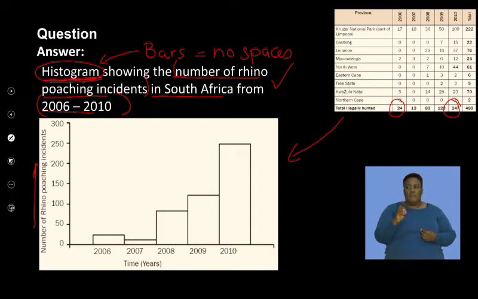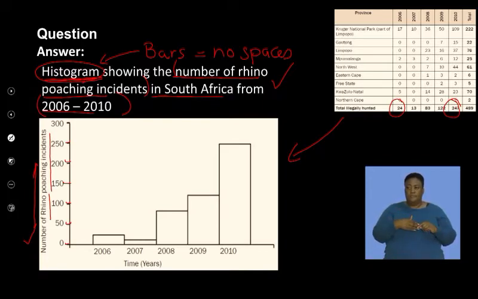Our scale needs to be in 50s, and I've chosen units of 50. So I've gone from 0 all the way in values of 50 to 250, and I've labeled this as my dependent variable, which in this case is the total number of rhino poaching incidences.